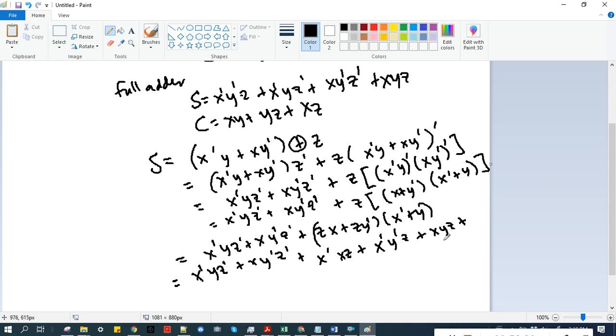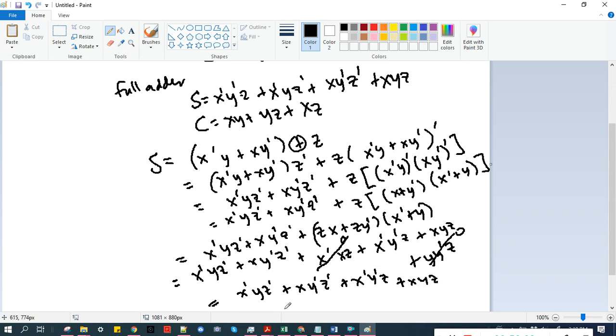Y'Z. But this is equal to 0. So what is left is X'YZ' plus XY'Z' plus X'Y'Z plus XYZ. So are they equal?